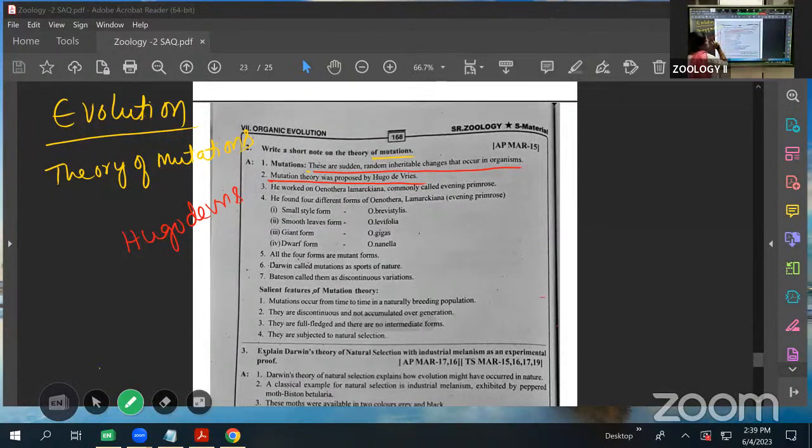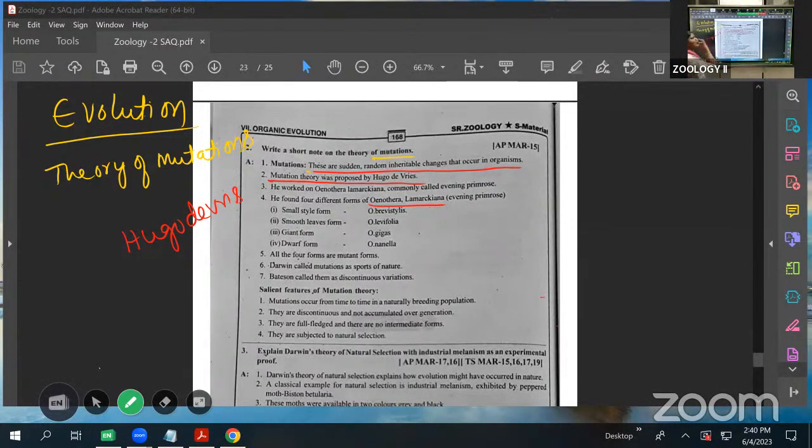For his experiment, he took the plant called Oenothera lamarckiana, commonly called evening primrose. Here, different forms are there.